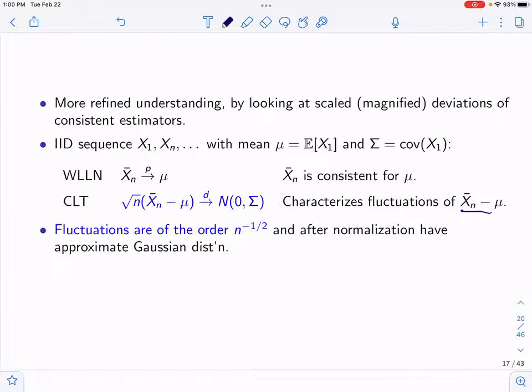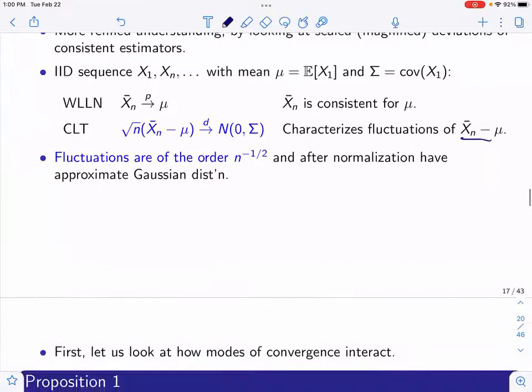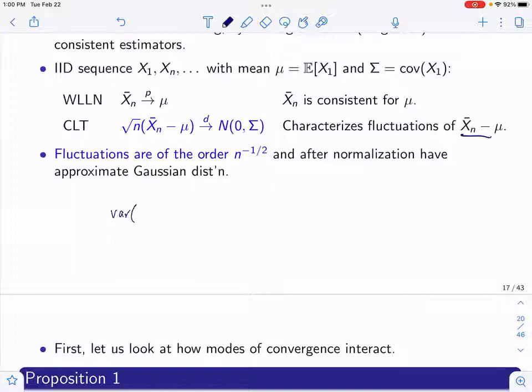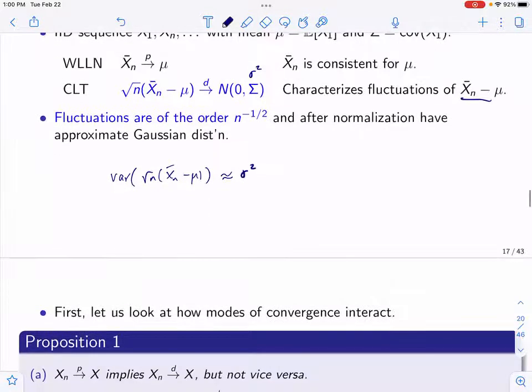Instead of trying to compute the variance of the estimator, which is usually difficult, you have this nice result, and then for sufficiently large sample size, you can approximate the variance of root n times x bar n minus mu. So you could say, this is not correct, but roughly the variance of root n times x bar n minus mu is roughly sigma squared.